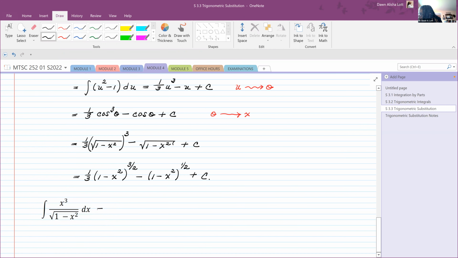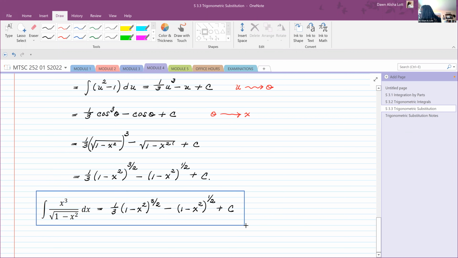So this is equal to 1/3 (1 minus x squared) to the 3/2 power minus (1 minus x squared) to the 1/2 power plus a constant. It's a solution to a problem. I like to make them in blue. There we go. Okay, any questions?